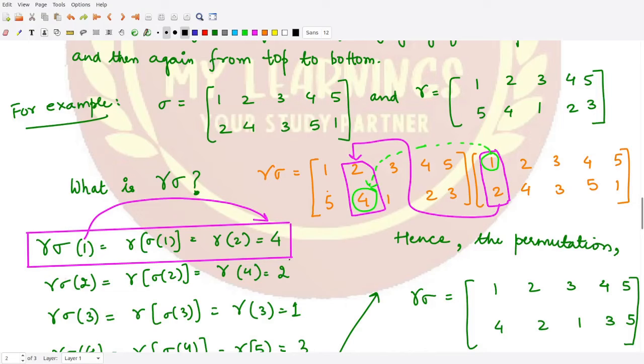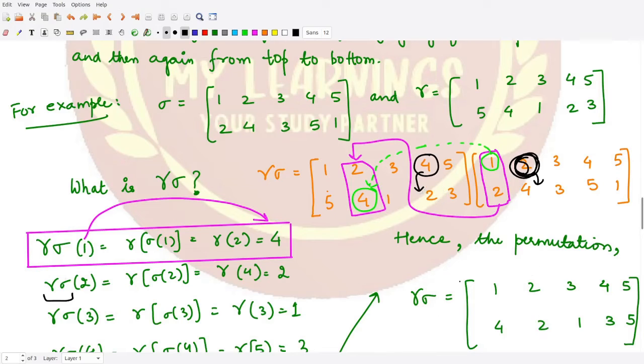To understand it more, let's see what gamma sigma of 2 is. We move from right to left. Under 2 we have 4, but we'll not look at this 4, we'll look at this 4 here. Under this 4 we have 2. So 2 maps to 2, and we write 2 below 2 in the mapping gamma sigma.